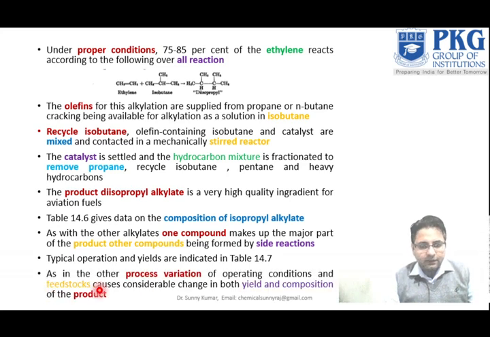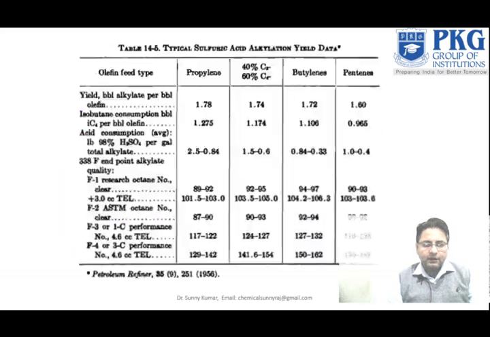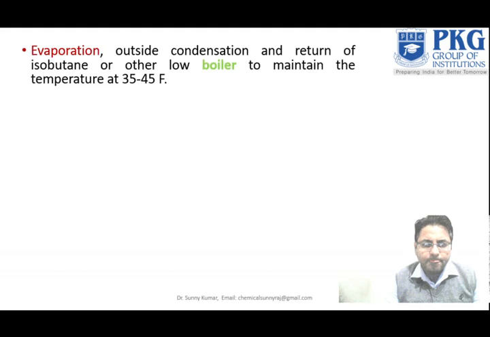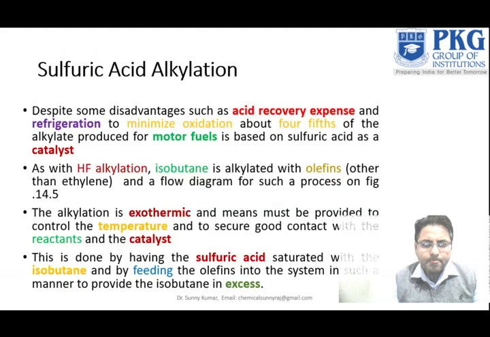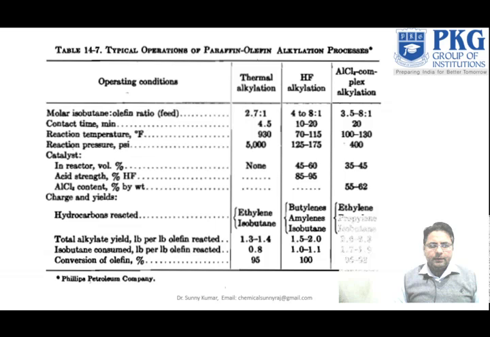And as in other processes, variation of the operating conditions and feedstock causes considerable change in both yield and consumption of the product. So if you see 14.7, this is the table of operating conditions for paraffin-olefin alkylation processes.